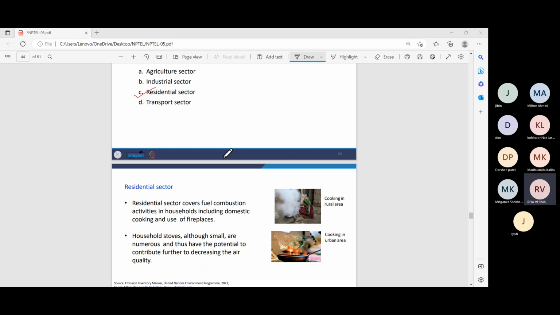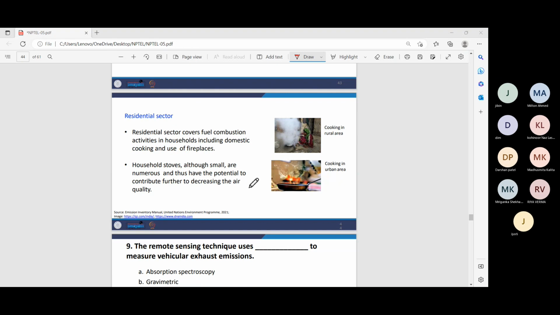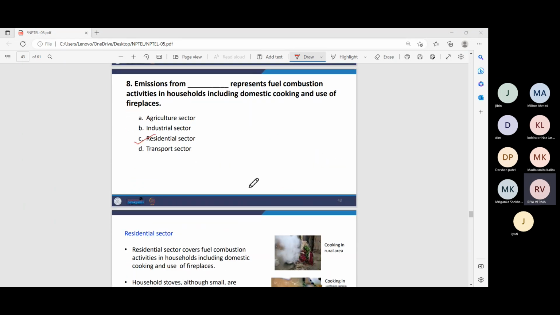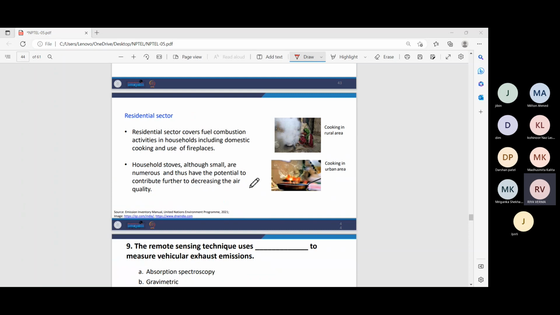We have fireplaces to keep the houses warm, so some emissions are from that area also. And your household stoves, although they are very small, if we club together all the stoves, they are numerous and thus have the potential to decrease air quality by increasing the emissions. So these are the emissions from the residential sector.